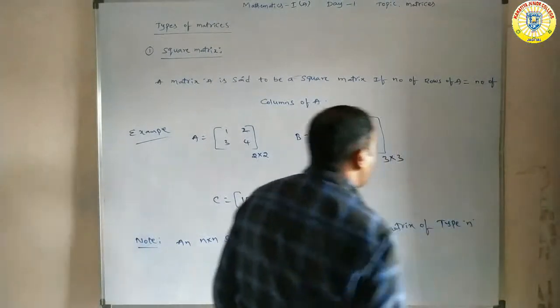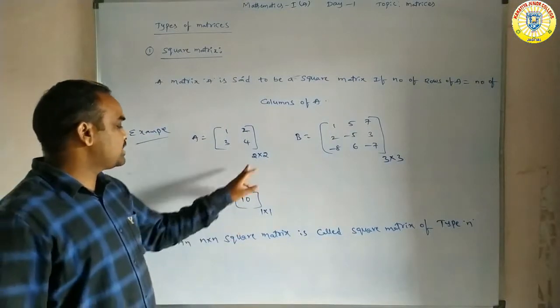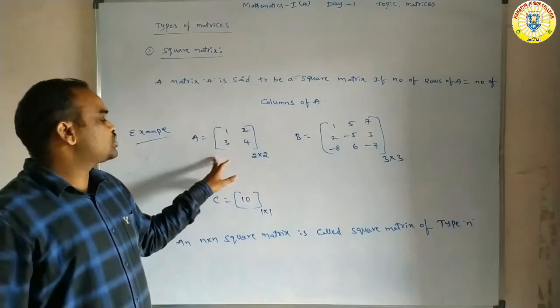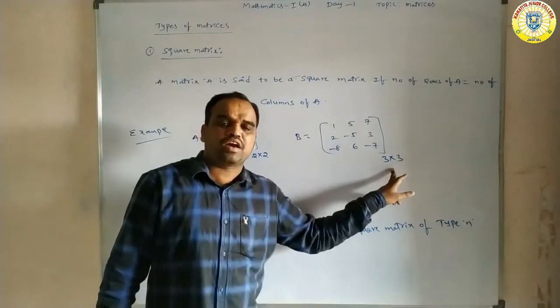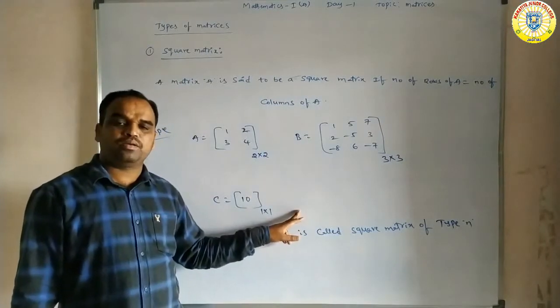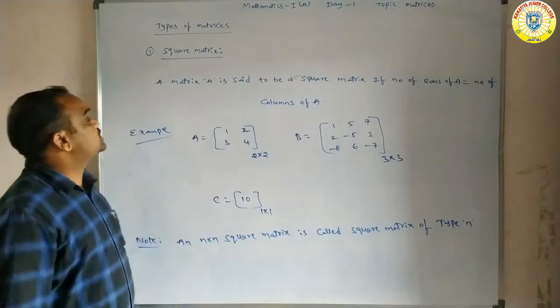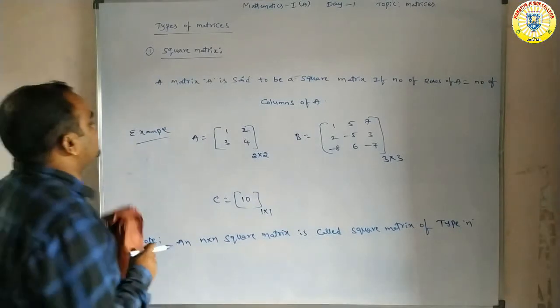Here, this is a 2 by 2 matrix, so this is a square matrix of type 2. This is a square matrix of type 3. This is a square matrix of type 1. So that is about the square matrix.